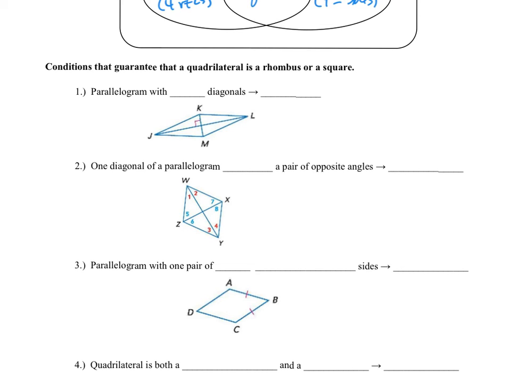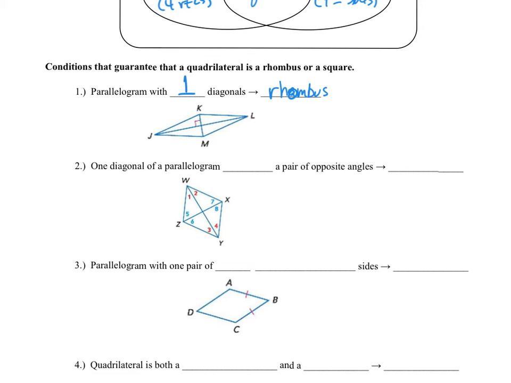Well, the first condition we're going to look at is anytime we have a parallelogram with perpendicular diagonals, we can conclude that that parallelogram is a rhombus. Okay, so let's go ahead and write this in terms of this diagram.